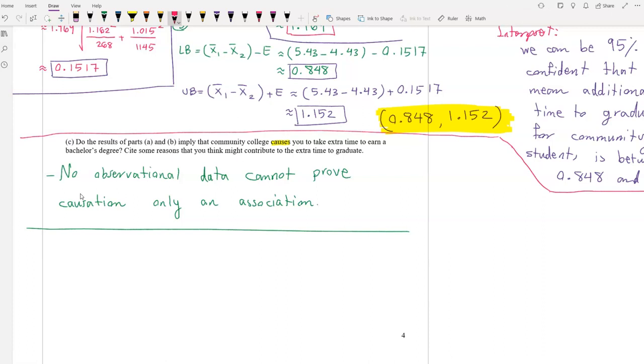Some reasons that you think might contribute to the extra time to graduate. I have this reason. So one of the reasons I may have: community college students may be working more hours. So that's why they may not be able to take more units or additional classes.